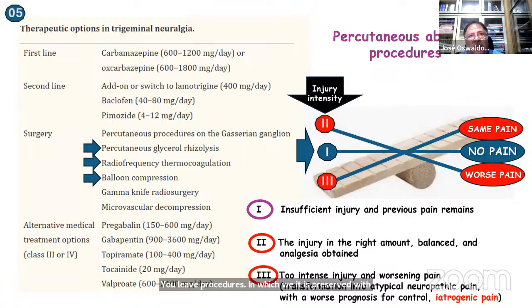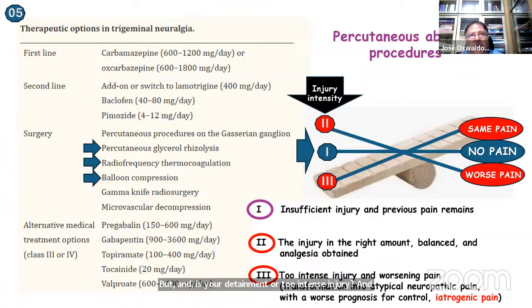When we purposely damage the peripheral or central nervous system, we are performing an ablative procedure. Three situations are possible: insufficient injury and previous pain remains; the injury in the right amount, balanced, and analgesia obtained; or too intense injury and worsening pain.